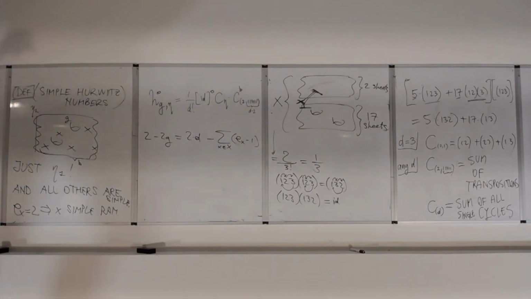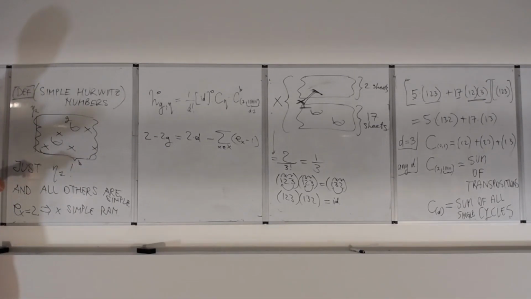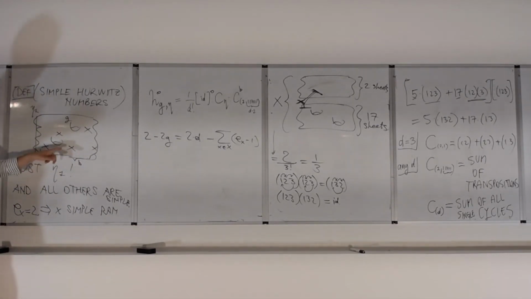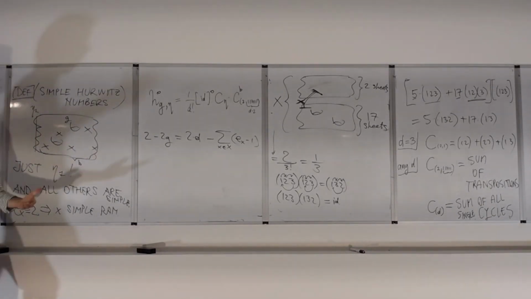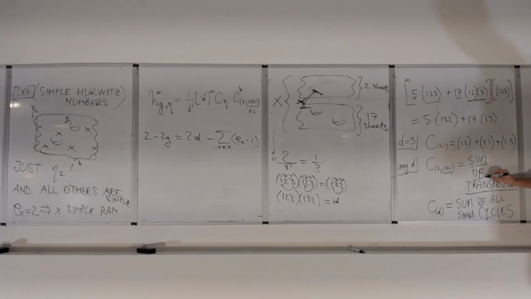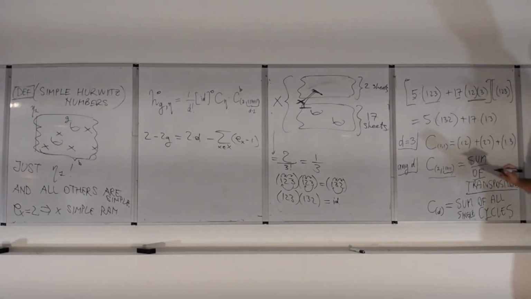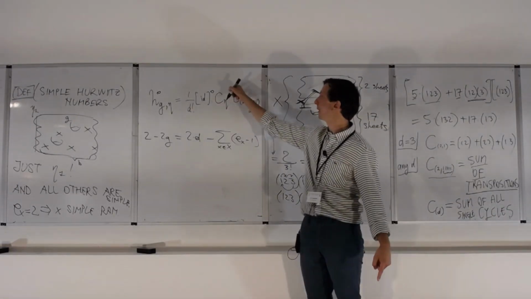And then b is determined by Riemann-Hurwitz. They are just 2 sheets that come together, and therefore they can be represented by a transposition. So I need the sum of all transpositions, which is C2. So I take C2 from here, I plug it here, and I take the sum of them.